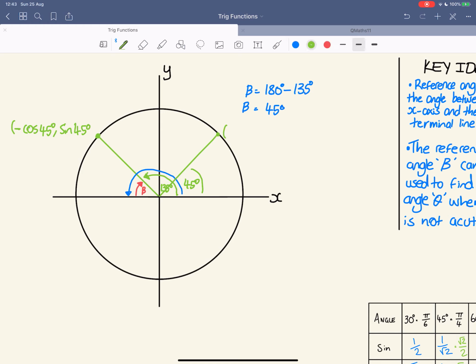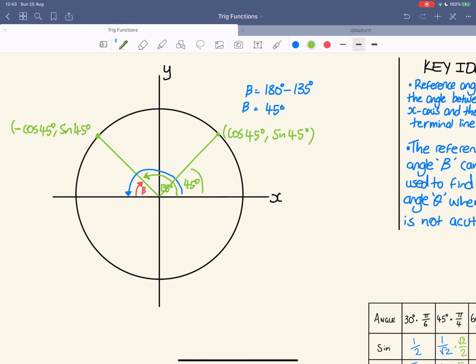So the coordinates of this point are cosine of 45 degrees and sine of 45 degrees. Can you see now the size of this angle? We can replicate it by putting it into the first quadrant. And the beauty of the first quadrant is that we know the cosine and the sine of 45 degrees.